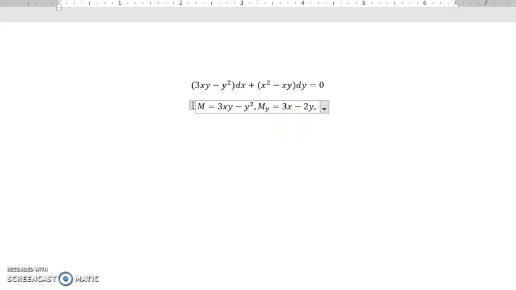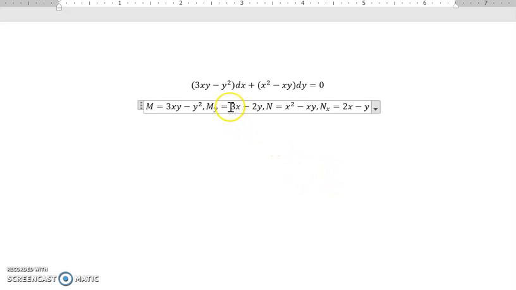And then we're going to do the same thing for the other function. N is x squared minus xy. And so since this is multiplied by dy, this is already, we hope, a derivative for y. And so what we want to test is the mixed partial of this imaginary function. And so we're going to take the derivative of this for x and get 2x minus y.